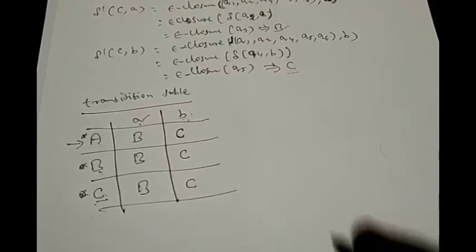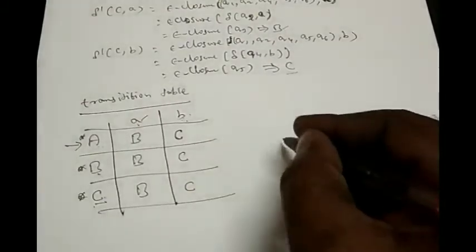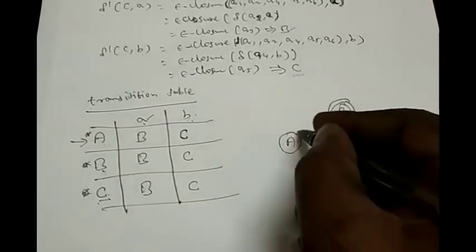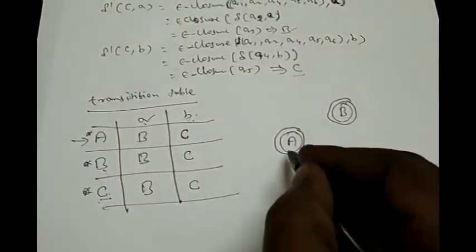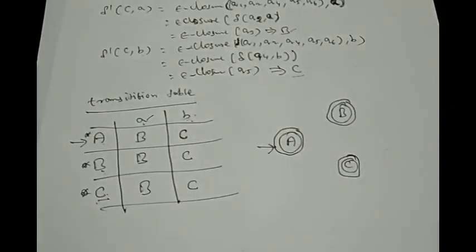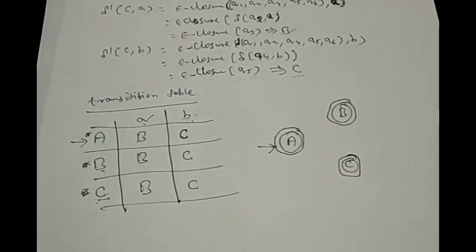Now we have to construct the DFA diagram. So you just use capital A, capital B, and capital C. Okay, since all are final states, I just put a double circle on each and I make A the initial state. Okay, because that is going to be the first state, I make A the initial state.